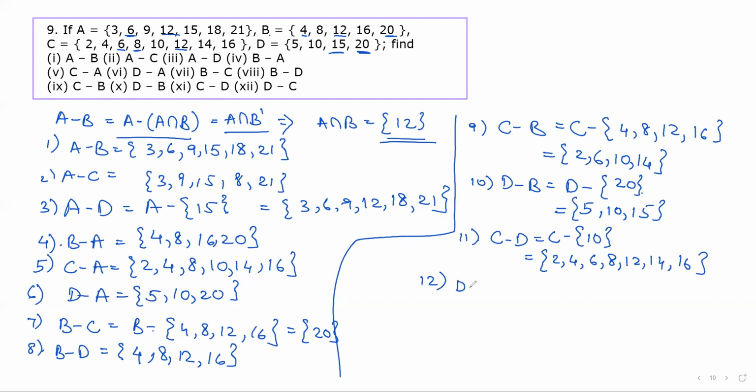D minus C. Amongst D and C, again, 20 is common. So D minus 20. This is equal to 5, 10, 15.